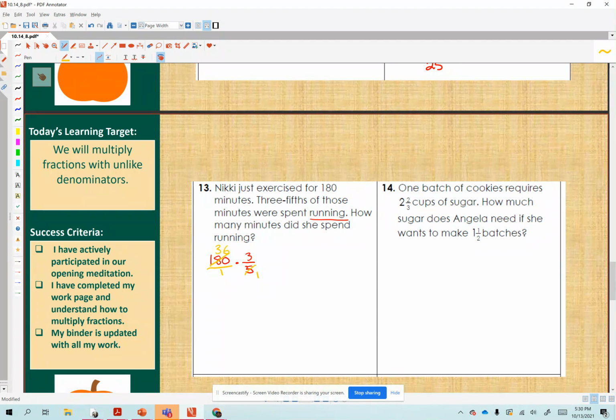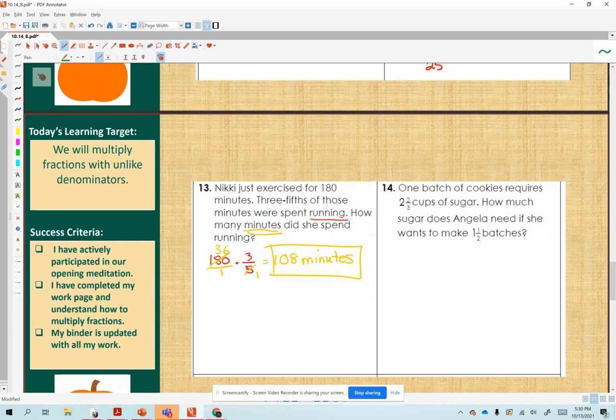No, 36. So we have 36 over 1 times 3 over 1, which is 36 times 3, which is 108. So how many minutes did she spend running? She ran for 108 minutes, and that is our final answer.